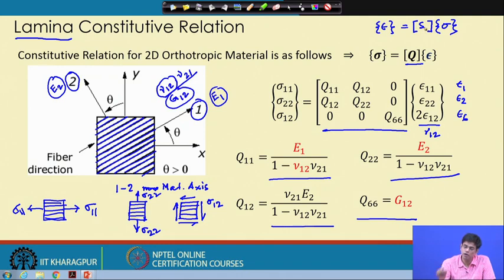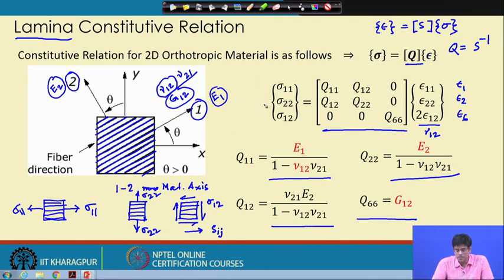So essentially we found out Sij from that, and once I know the Sij, if I invert it, I get the Q matrix, which is S inverse. So from there we get the lamina constitutive equation, and how the engineering constants are related with the lamina constitutive equation.